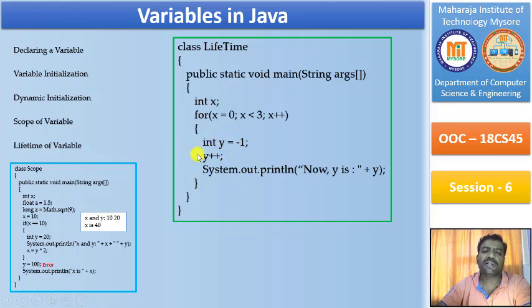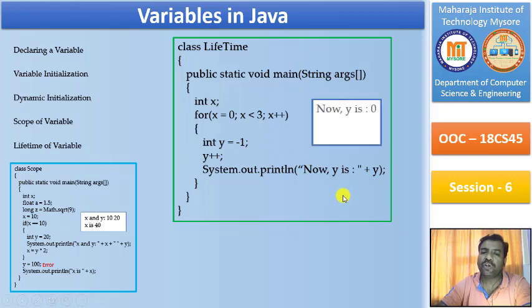Now this is limited only to this block of code: y++ and System.out.println. So now I'm going to loop this 3 times. What value am I going to get, because every time I'm going to increase the value? If I keep on increasing, I should get the value of y as 0, 1, 2 and so on.